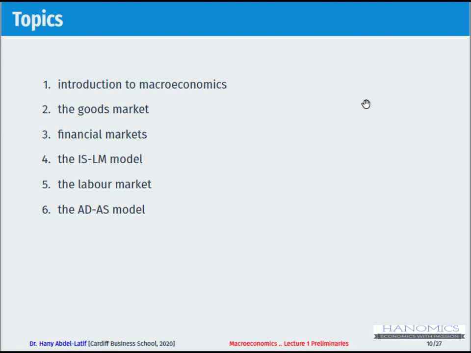So how should fiscal policy look? And from the other side, we'll talk about monetary policy: what the Bank of England, or the central bank, should do. Should they increase or decrease the money supply? Should they increase or decrease the interest rate, etc.? These are the policies that we will try to discuss when we come to this point.